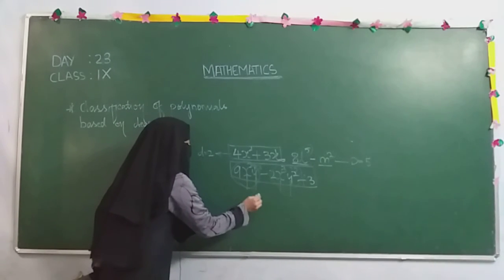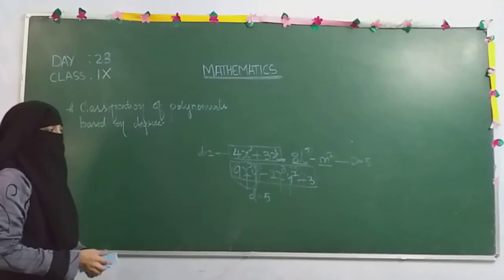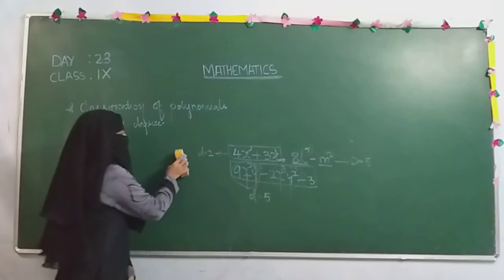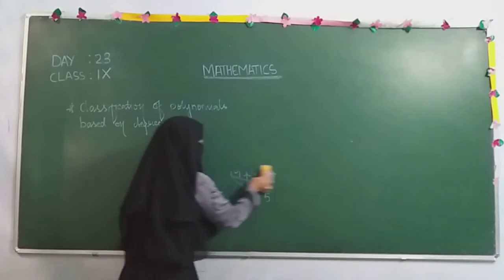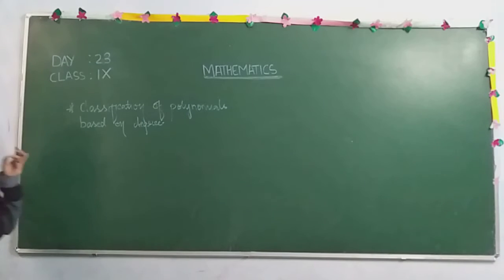So the degree of this polynomial is 5. This is the way of finding the powers, and based on the powers we compare them. After that, the highest power will be your degree. Hopefully you now know how to find the degree of a polynomial. Let's begin with the class. First one.